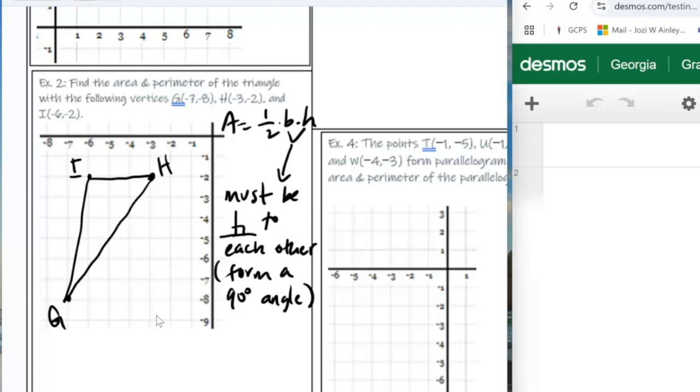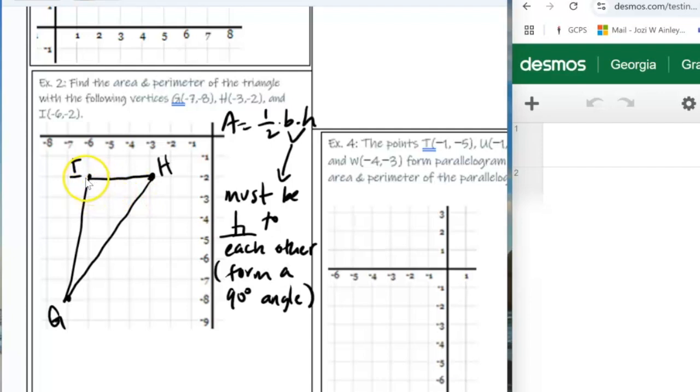This has to happen in order for it to be the base and the height. The base and the height can be anywhere on the triangle. If you use this as the base, the height must make a 90-degree angle with it. So the key is to find the base or height that's already horizontal or vertical.